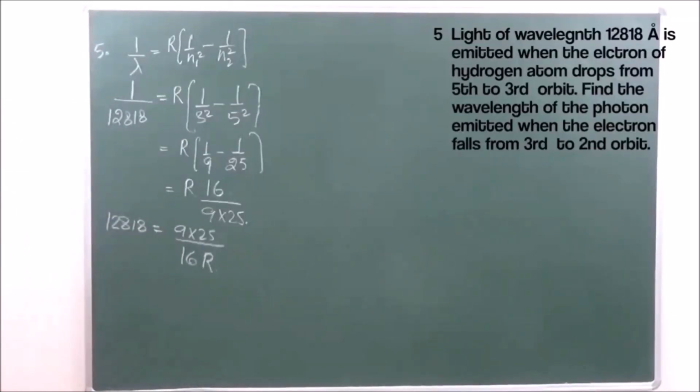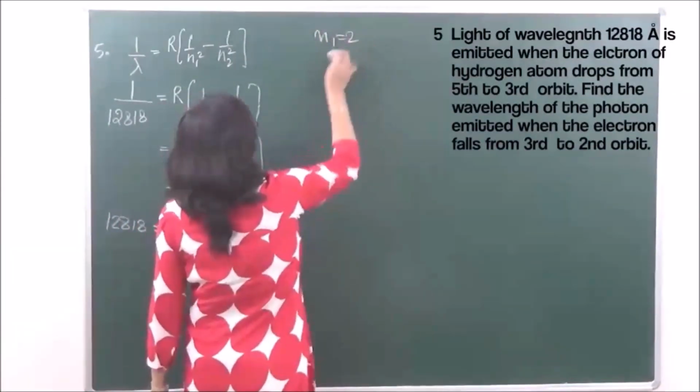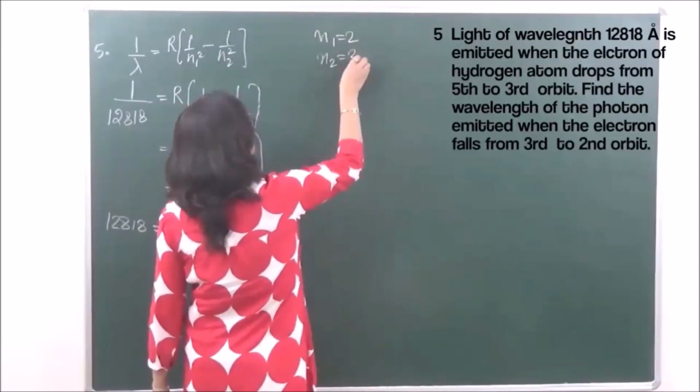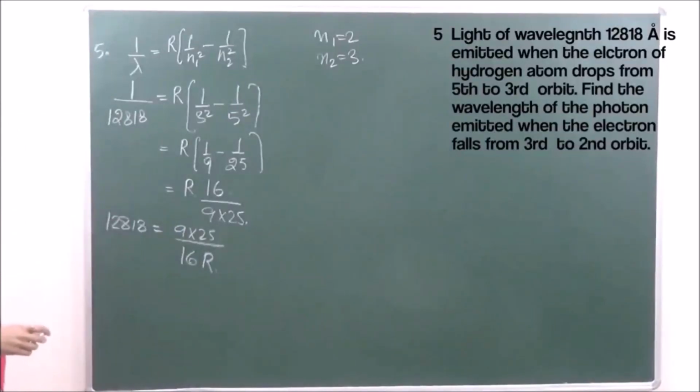Now let's similarly calculate for the second transition. For the second transition, n1 is equal to 2 and n2 is equal to 3. Lambda is not given to us over here, so we have to calculate lambda.